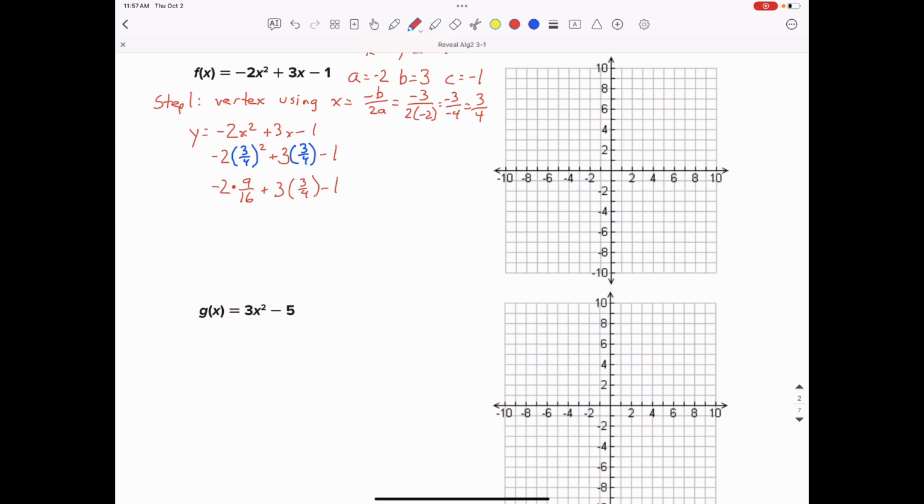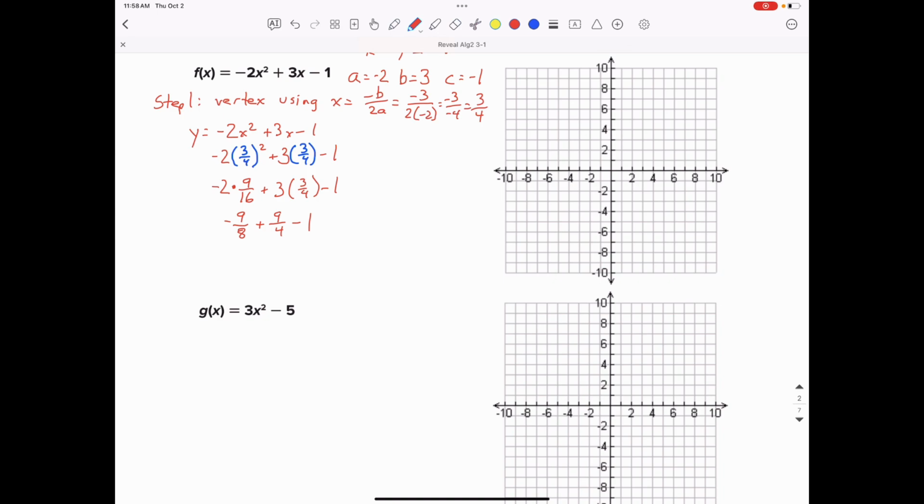Then we can do our multiplication. So we'll have negative 2 times 9/16. That is going to be negative 9/8 plus 3 times 3/4, that is positive 9/4 minus 1.